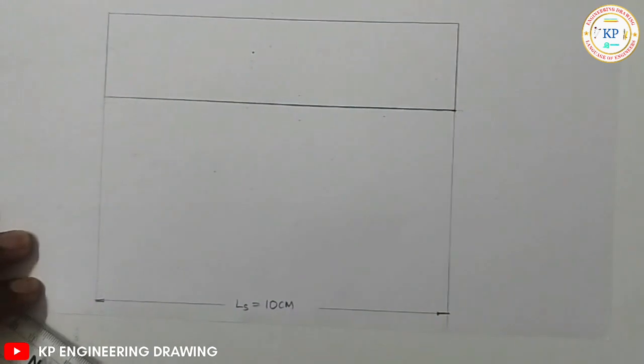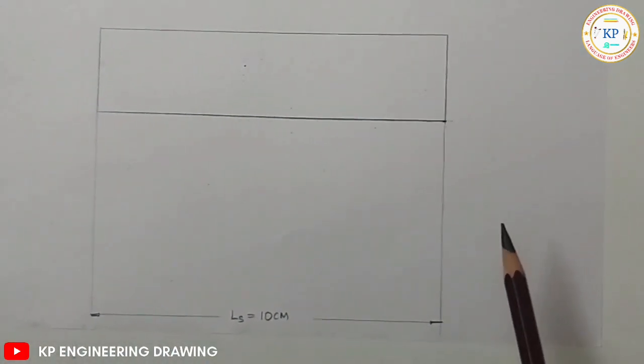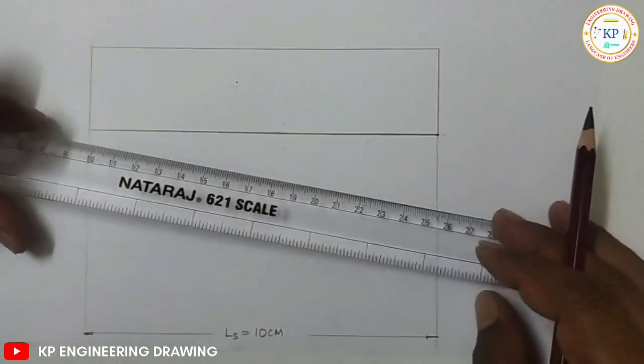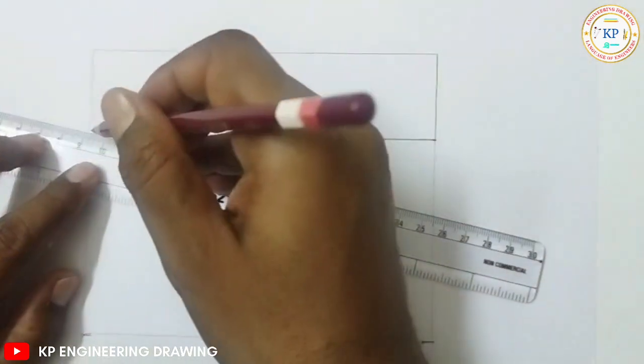Now you divide this into 5 equal parts. Why? Because in the problem the maximum distance is 5 kilometers. So divide this into 5 equal parts by the same line divide method.